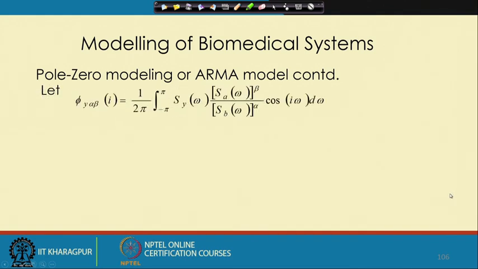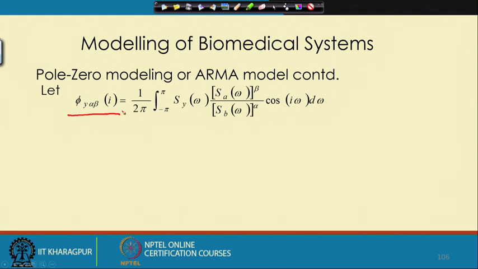Then we take another expression which will help us write things in a more compact way. We define something called phi y alpha beta. It is very similar to phi y i.